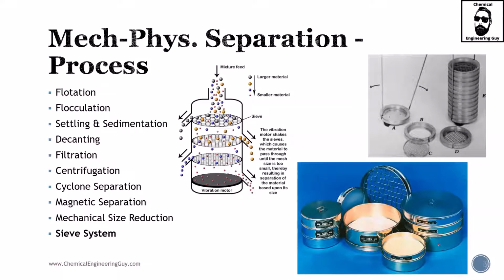And the sieve system. A sieve system is nothing more than a system of filters or mesh sizes that will allow certain sizes of materials to pass through and other materials not to pass through. So let's say that we have a mixture of solids of the following sizes: gray, orange, blue, and red.